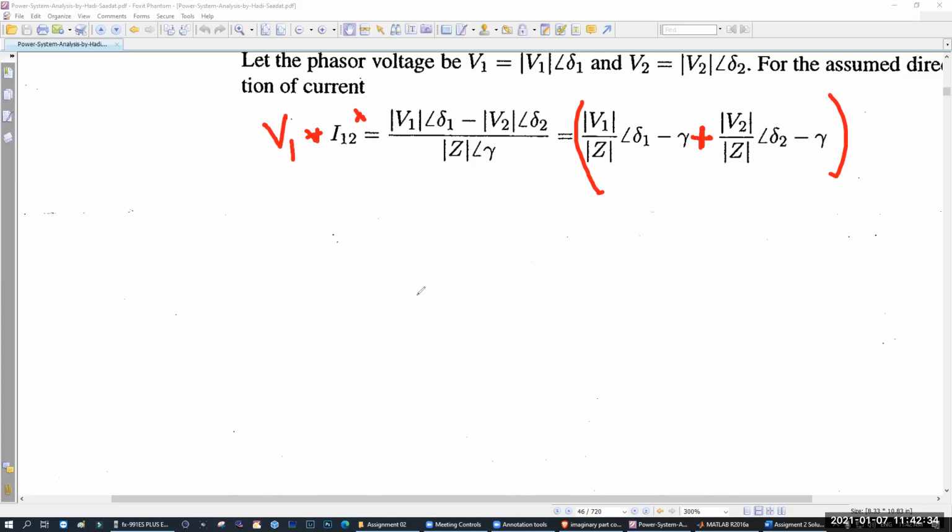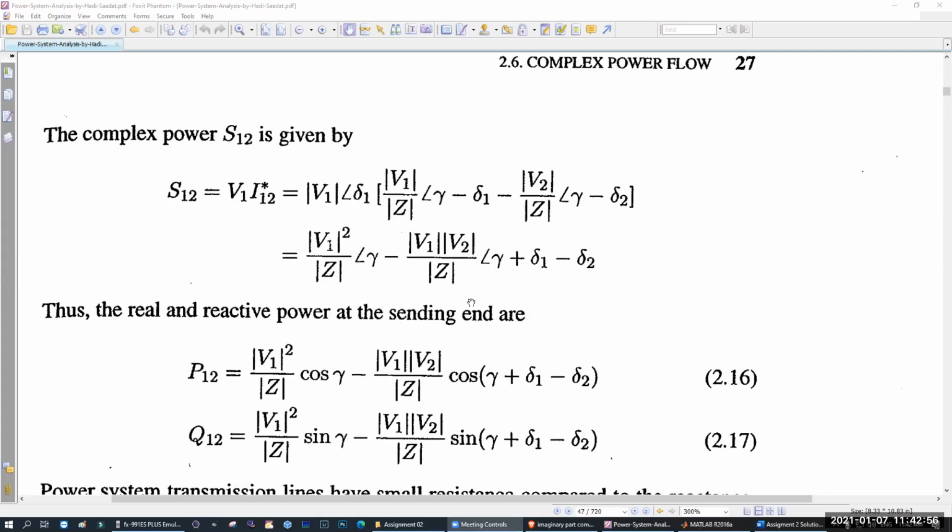so what will happen? V1 will come first, then what? V1 means what? V1 angle delta 1, right? It is multiplied with this part. If this is multiplied, then what are you getting?